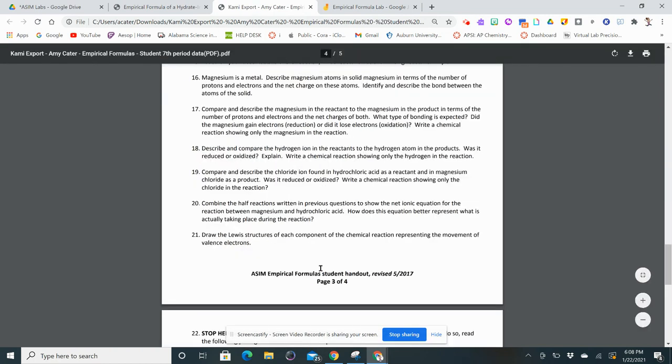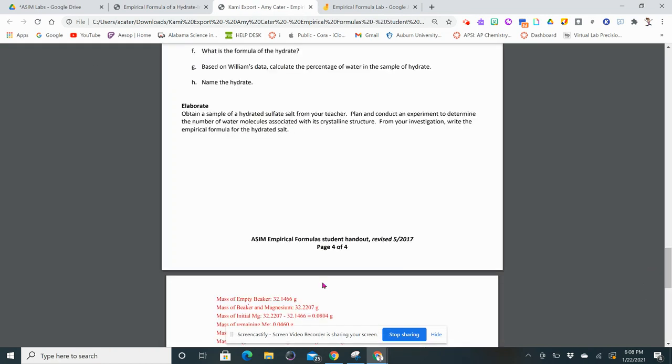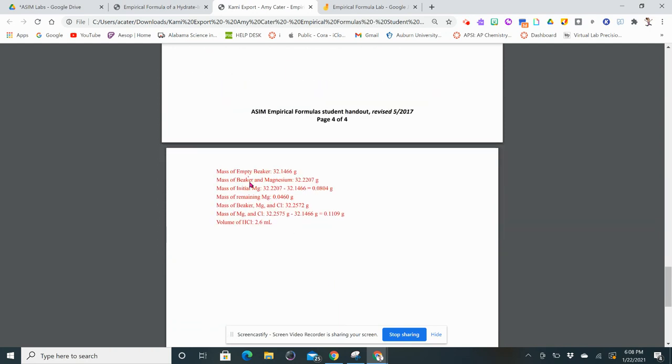So if you're looking at your data, we can see here is our initial mass of magnesium, if you're one of the many that have to use this data. And this is the amount of magnesium after the reaction is finished. And so I'm just going to subtract those two numbers to get the amount of magnesium that was consumed.